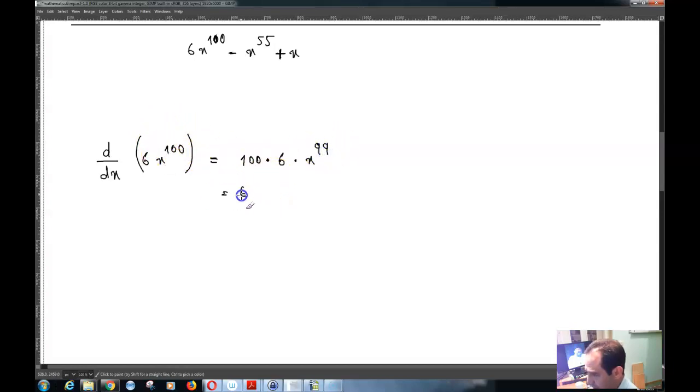So that's 600 x raised to the power 99. This one over here, d by dx of x raised to the power 55 is equal to 55 x raised to the power 54.